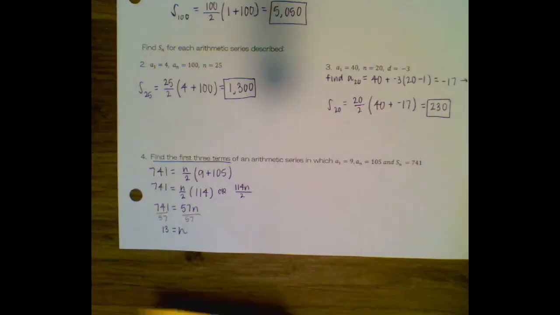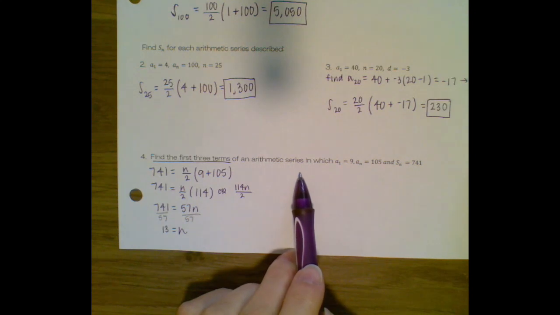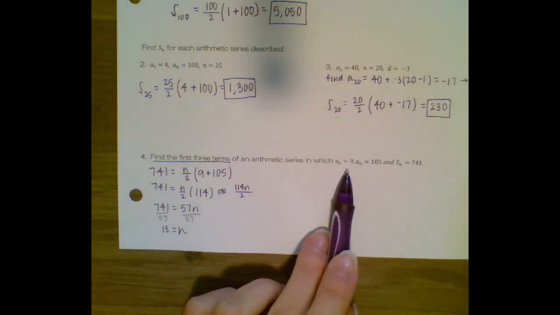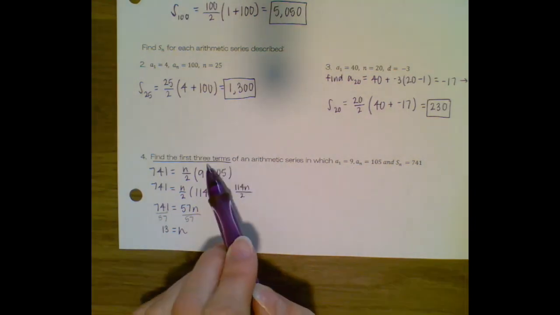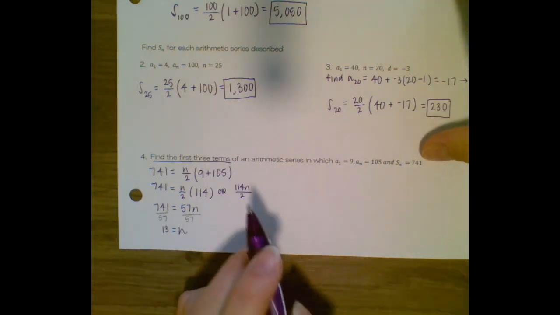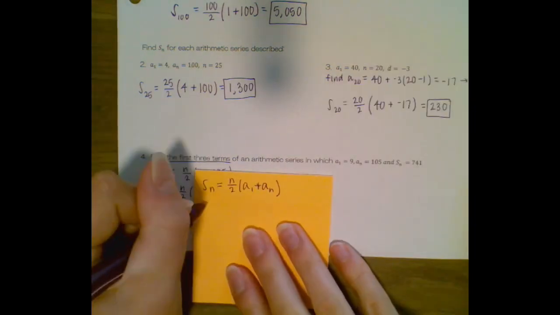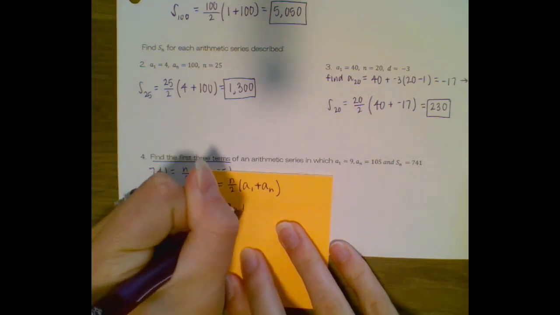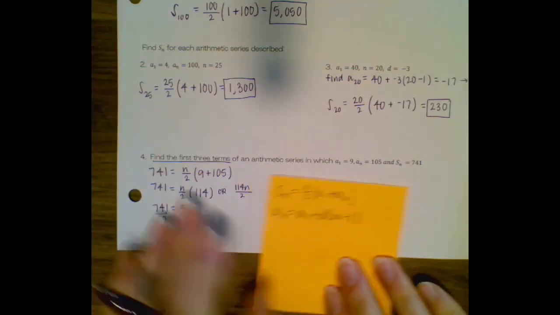All right, so now that we know which term number that is in the sequence, we now need to find the common difference, because we know the first term is going to be 9, but we need to find the common difference in order to find the other 2 terms after that. So, all right, using the formula for the arithmetic sequence, which was this, okay?